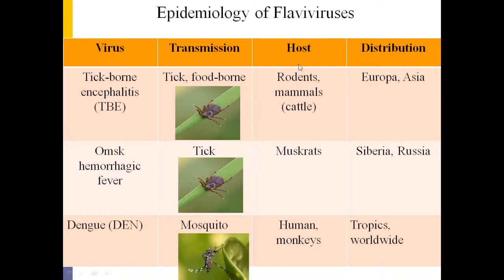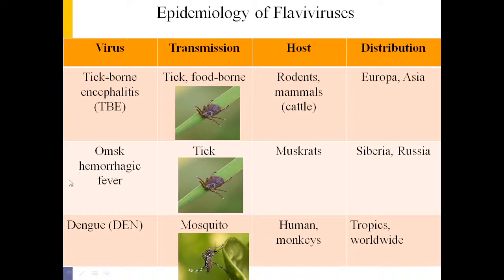So, the hosts or source of tick-borne encephalitis are rodents, wild mammals, or it may be domestic farm animals, cattle, for example. It is spread in European countries and in Asian countries.